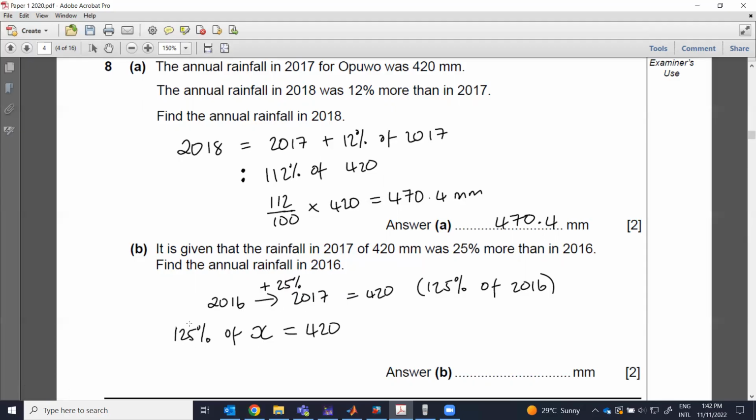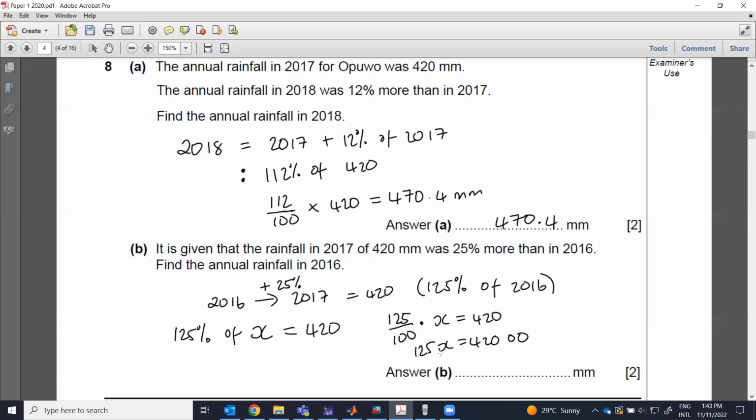Okay, so now we write everything with just numbers and symbols, no words like of. So we say 125 over 100 times X is equal to 420. Then we can cross multiply. We have 125X is equal to 42000.